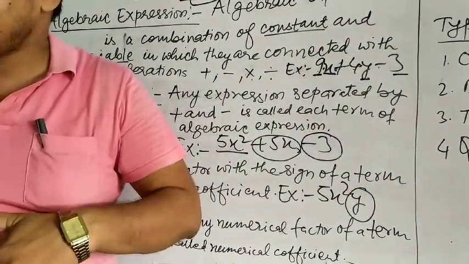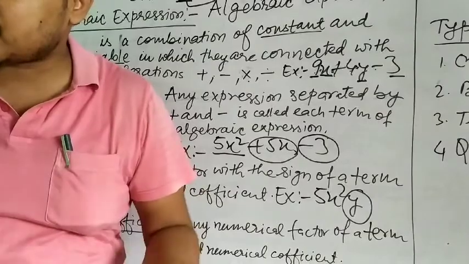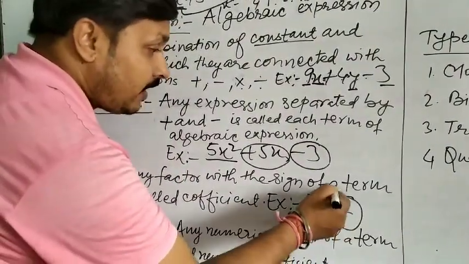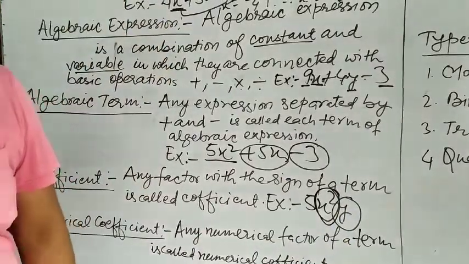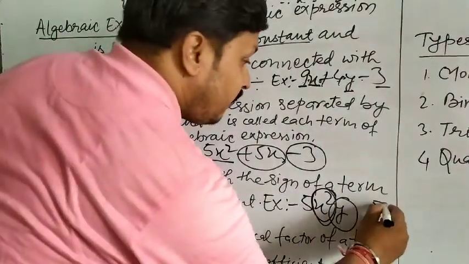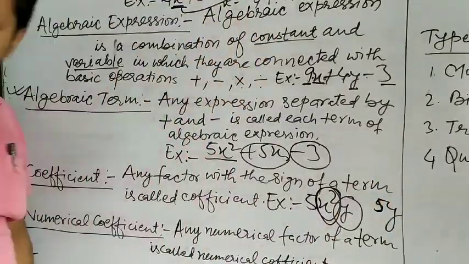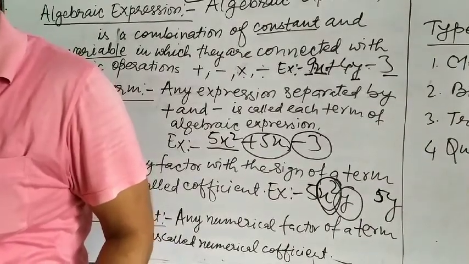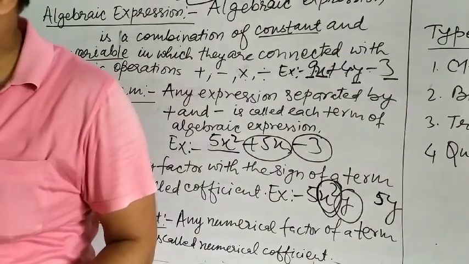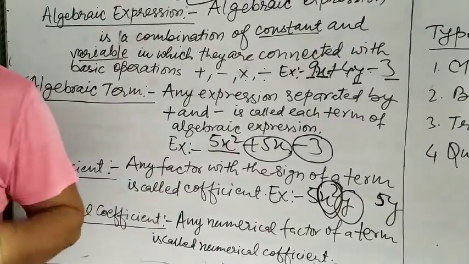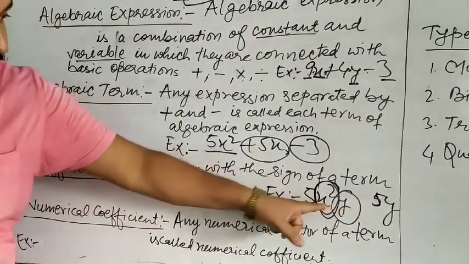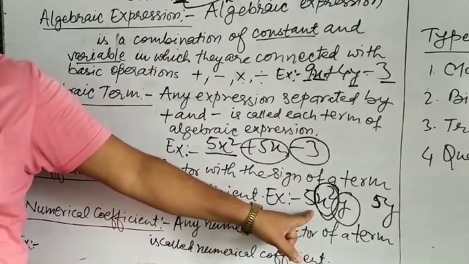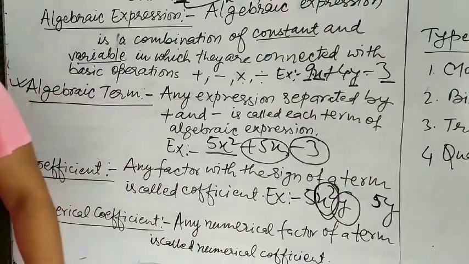But if I change the question and ask what is the coefficient of x square, that is 5y. And what is the coefficient of x square y? What should be multiplied with x square y? 5. So the coefficient is 5. It depends on the question.